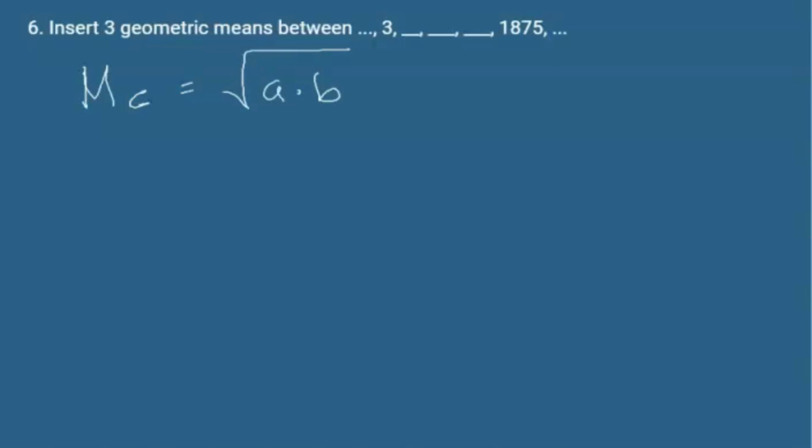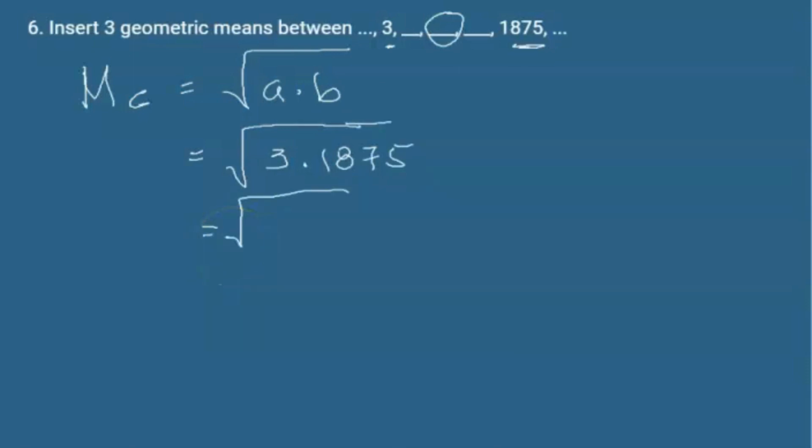So if we take 3 and 1875, we will get the middle term. 3 times 1875 is equal to the square root of 5625, and the square root of that is 75. So we have 75.